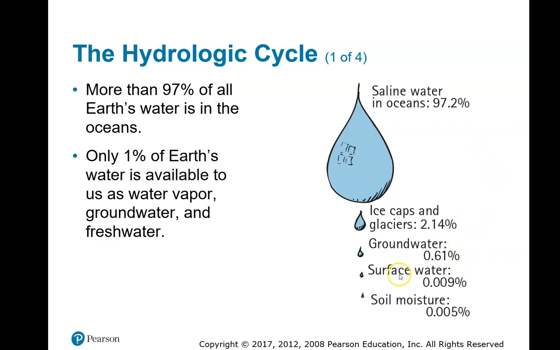The surface water. So this is kind of shocking. If you ever stood near the Mississippi River, it's a huge river, or you stood near the Great Lakes, they're gigantic bodies of surface water, but when you compare to the water on the entire planet, it's only 0.009% of the total amount of water.